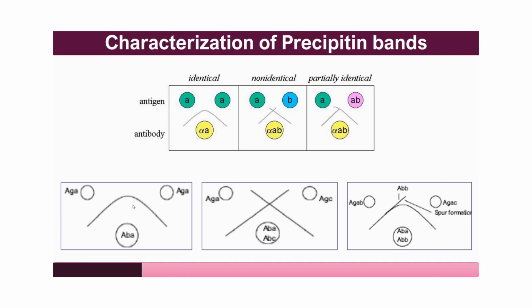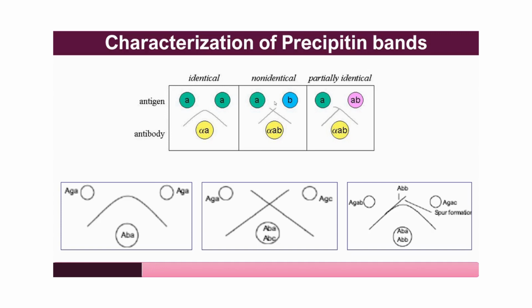And when they meet at a particular point, being equal in concentration, they will produce a precipitin band right in the middle between the two wells, and those precipitin bands, because of the equal diffusion force, will meet at a particular point to give you a smooth appearance like this. Therefore, it is called the line of identity. That indicates both the antigens which are tested are of the same type.